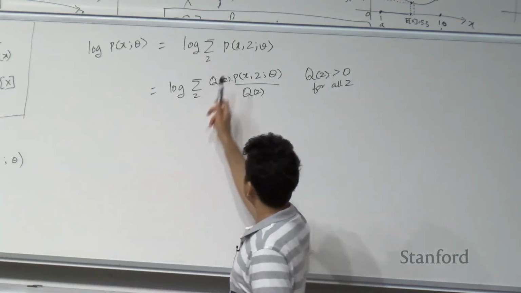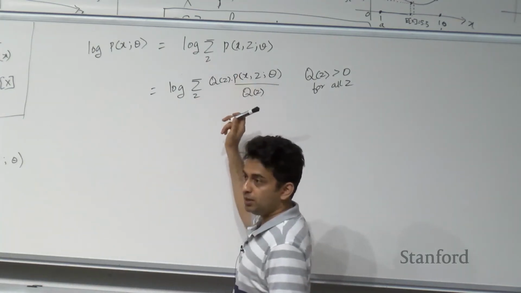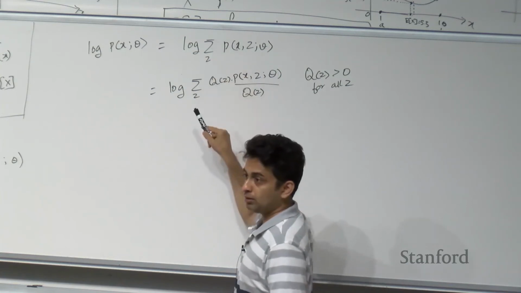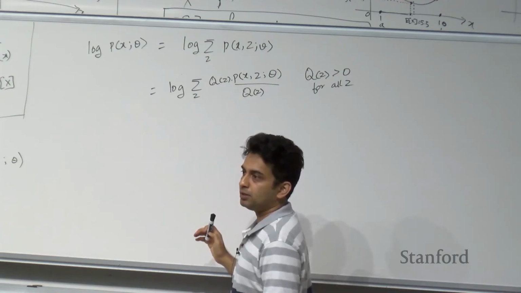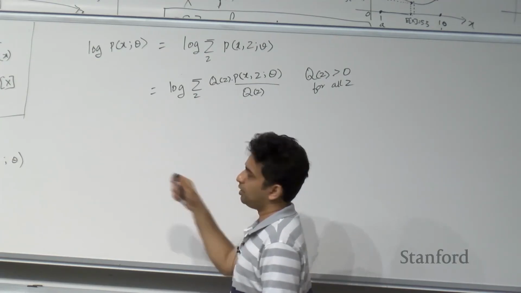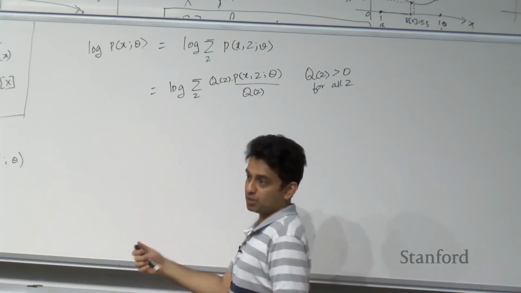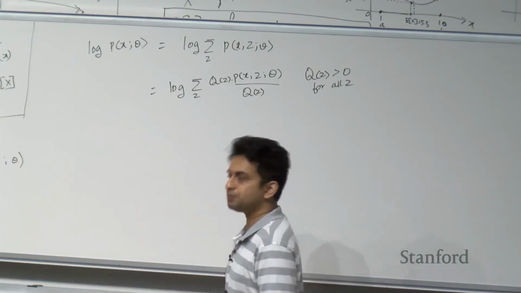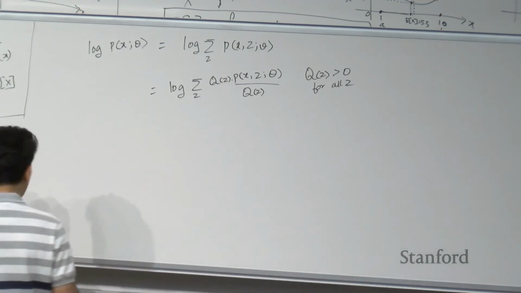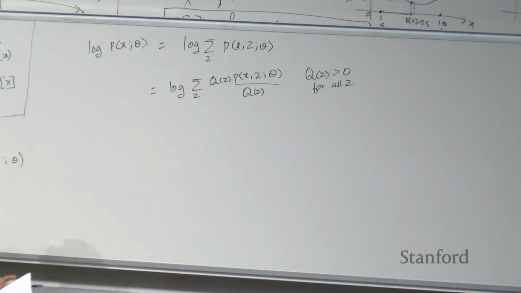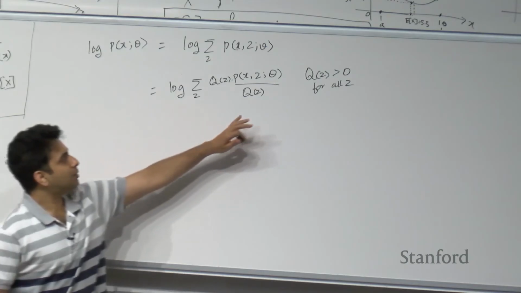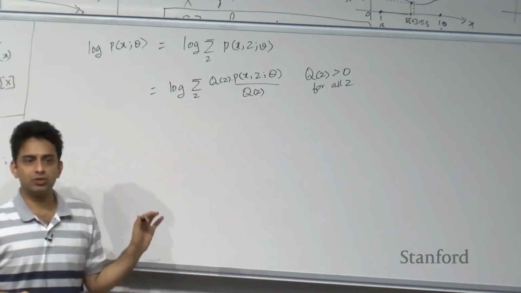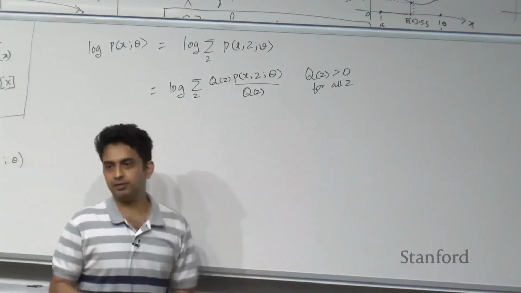And in cases where z is continuous, this will be an integral, and that integral can be arbitrarily complex. So you mean computationally expensive? It can be computationally expensive. It can be analytically not possible in cases when we want an analytical solution. Good question. So Q can be any distribution whatsoever as long as Q of z is greater than 0 for all z.